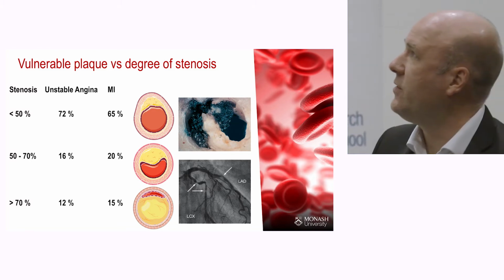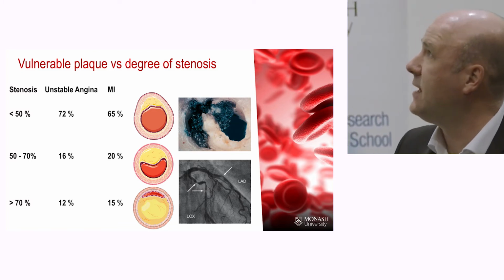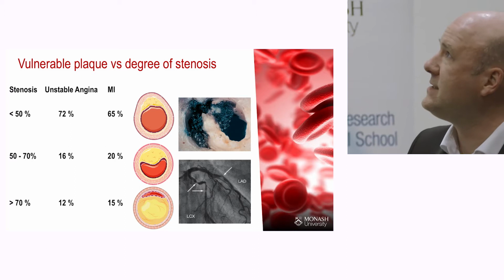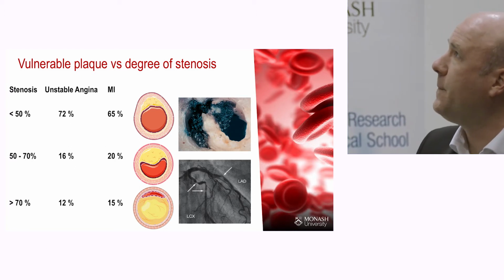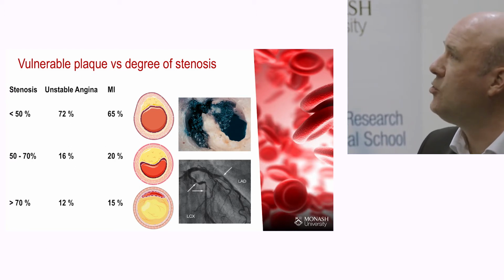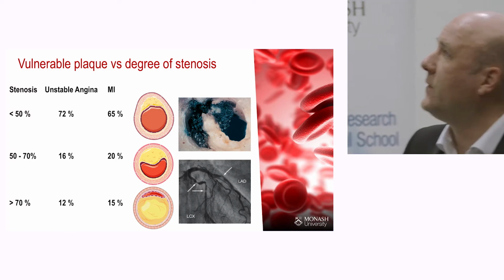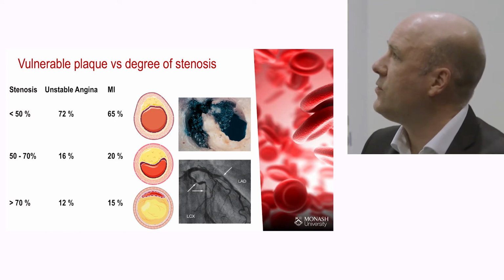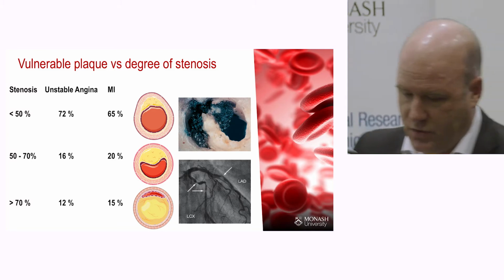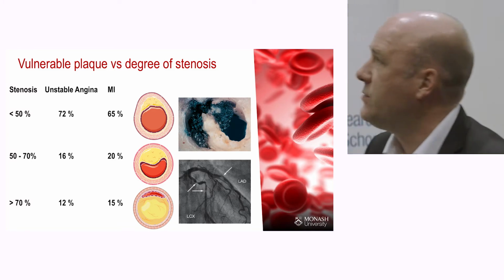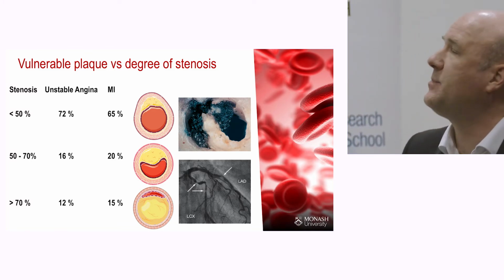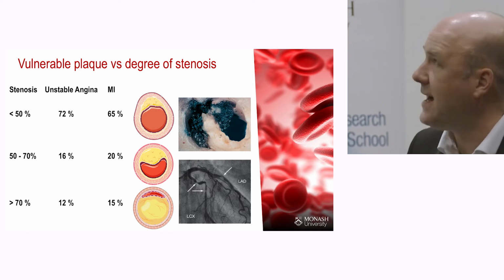The plaques which are really dangerous and cause myocardial infarction have this outward remodeling, and you can't really see this because the lumen is fully intact on a normal angiogram. So we've been working for a number of years now to develop imaging agents which can detect the inflammation in these highly dangerous plaques. And we think that platelets are a very good target for that.